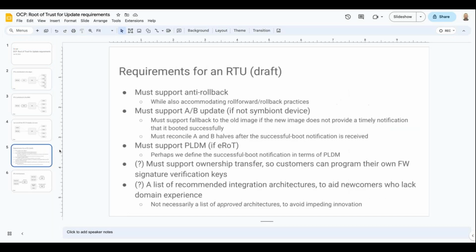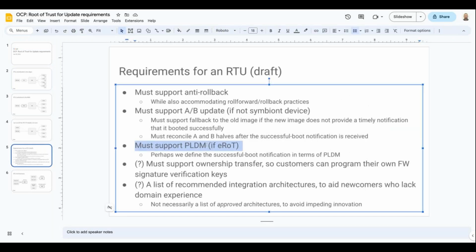So we were talking about PLDM as if you're an EROT and you need to speak some language to accept an update. I picked PLDM because it exists and seems reasonable so far. But yeah, if people want to talk about that, we can.